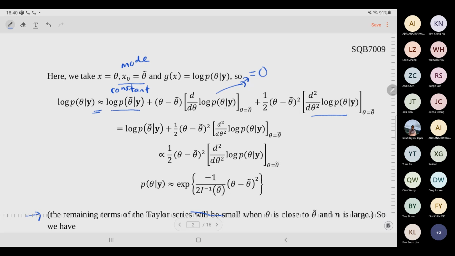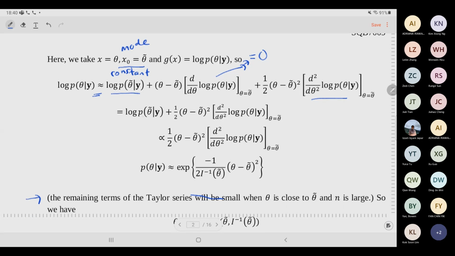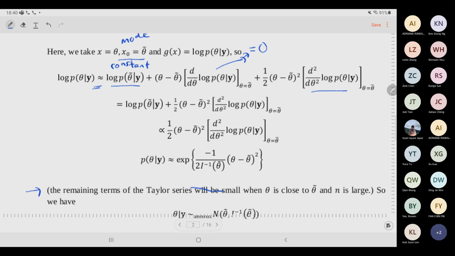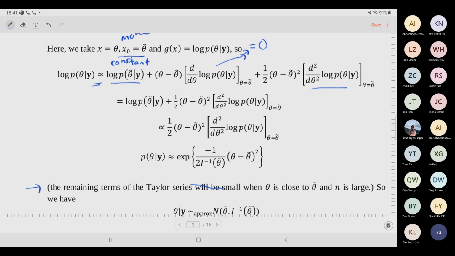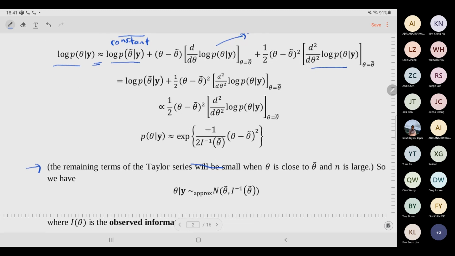So this means you only have the constant plus the second derivative term. Because log p of theta tilde is a constant, you can say the log posterior is proportional to the second derivative multiplied by a function of theta. Because this is the log of your posterior, if you move the log to an exponential, you have the exponential of this function.